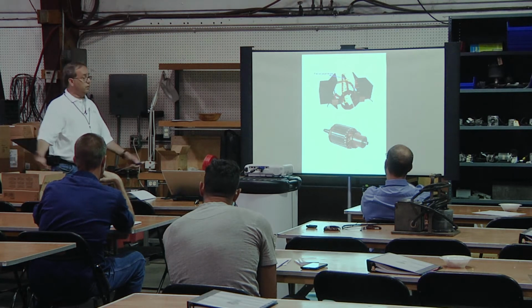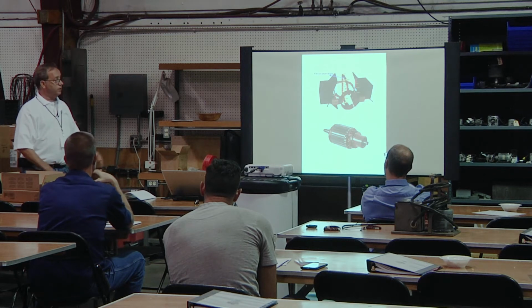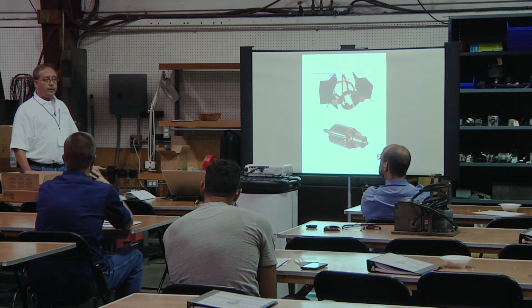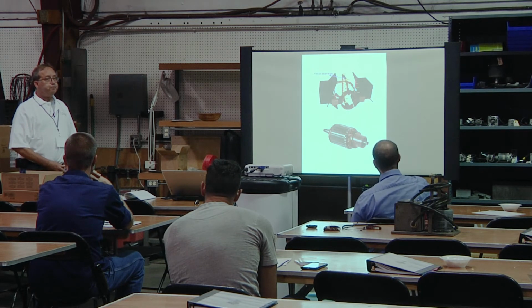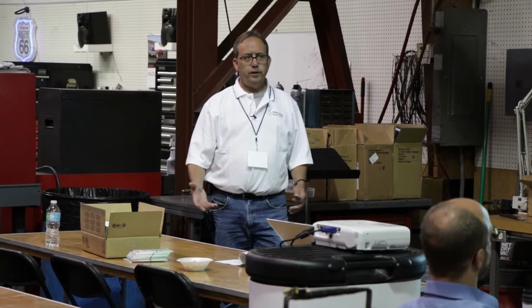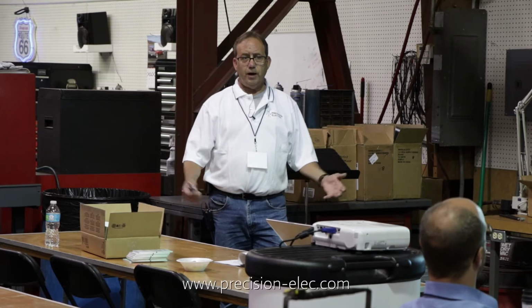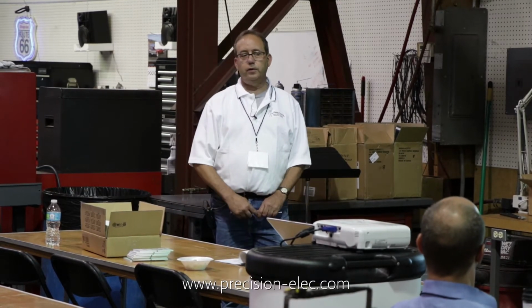All right? So if you're in a situation and you've got a motor out there and it's pulling high current on the armature, you're getting an overcurrent fault on your drive, and you're going over and you're checking it out. Well, the load's good. Looks like it should be all right. I mean, we're getting good output from the drive, but we're still getting overcurrent fault.